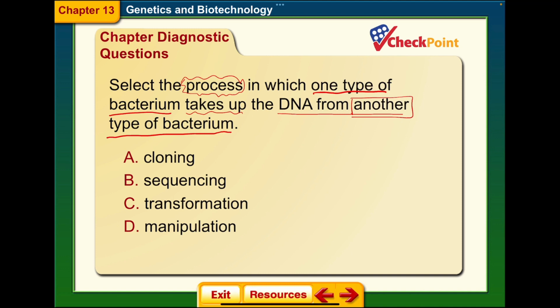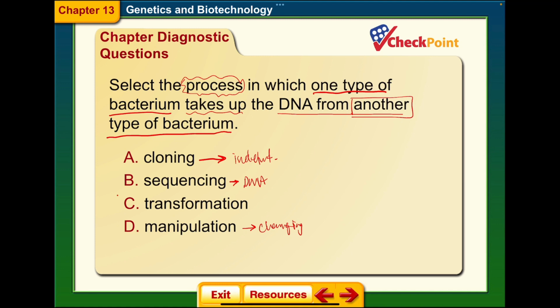Is that cloning? Cloning is making identical copies of something, right? Sequencing is to find the DNA sequence, right? Manipulating is changing, right? And we talked about manipulating DNA in different ways.